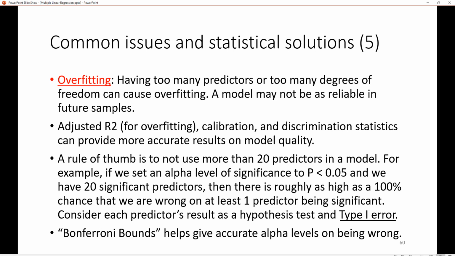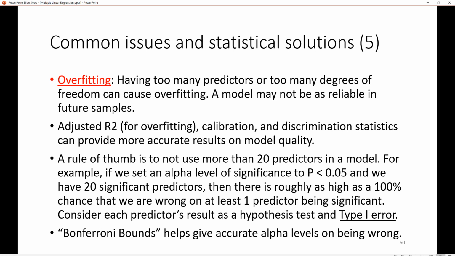So when you do a Bonferroni bound, it won't actually be 100%. It won't be 20 times 0.05. It'll give you a lower value, but in general, we probably wouldn't think that there would be 20 different causes for the outcome results.